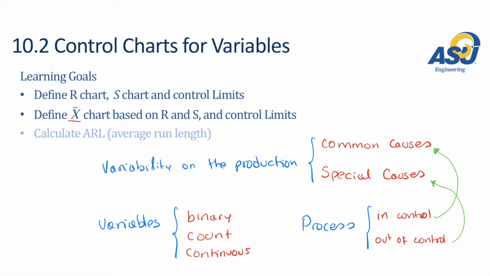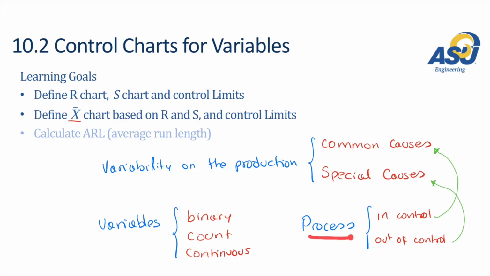Now let's review some of the concepts that we covered in the last video. First of all, the variability of the production comes from two different causes. One is the common causes, and the second one is the special causes. If the process is in control, it means that only common causes are present in the production.